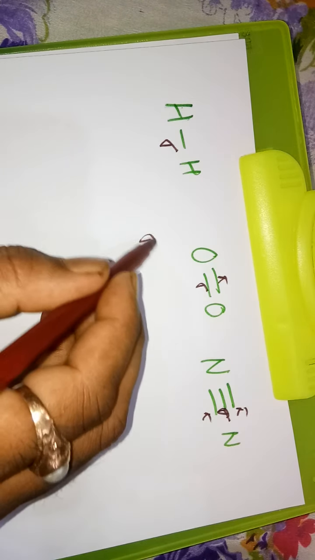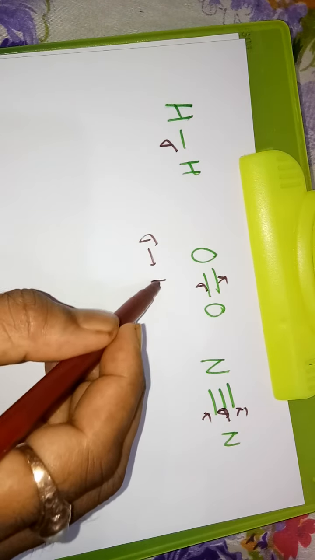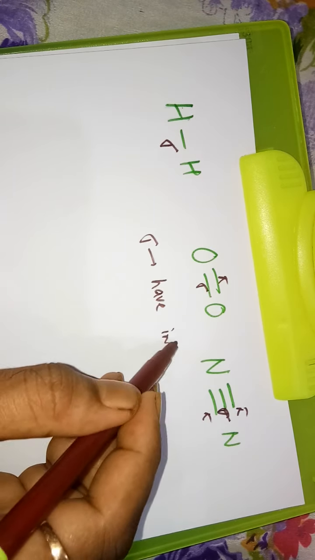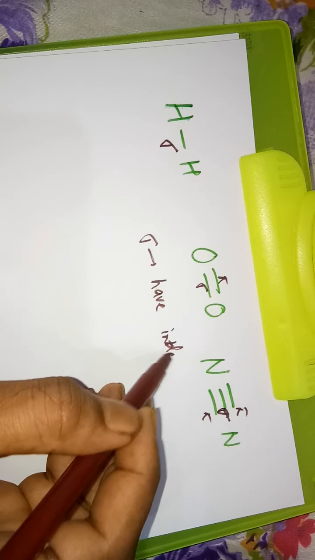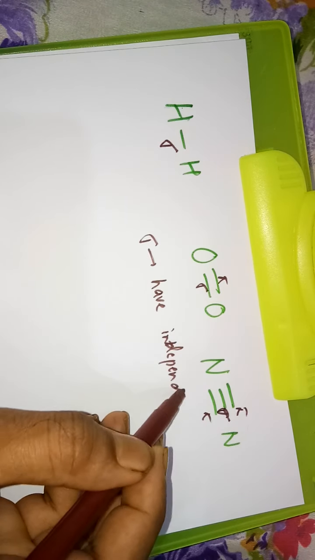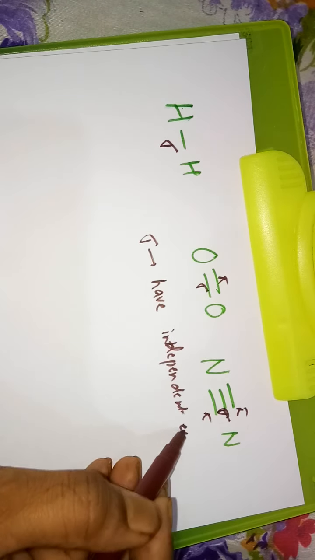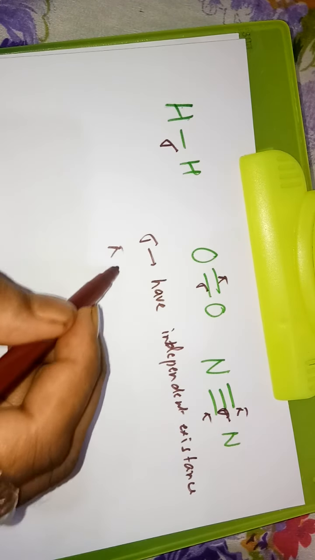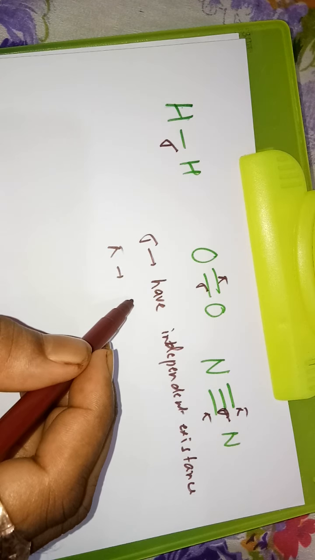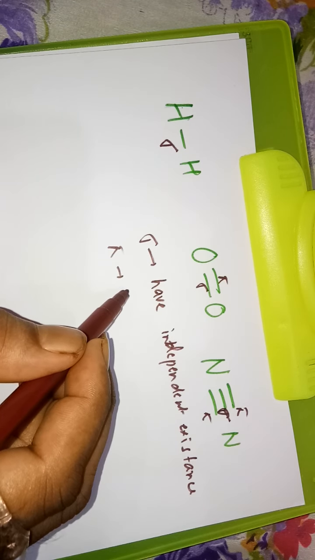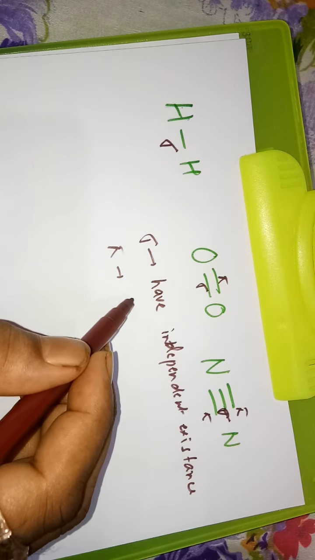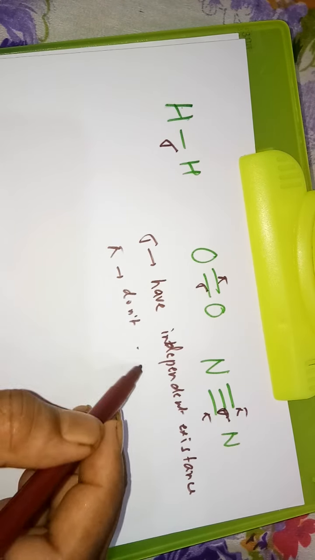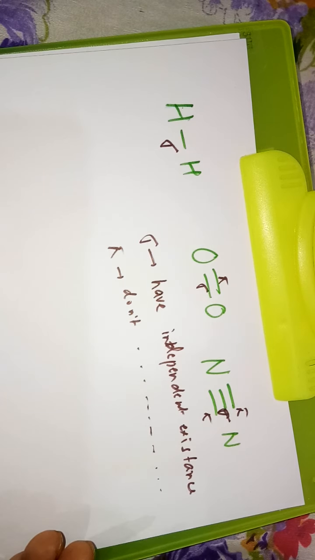You can say that sigma bond has independent existence, and pi bond does not have independent existence.